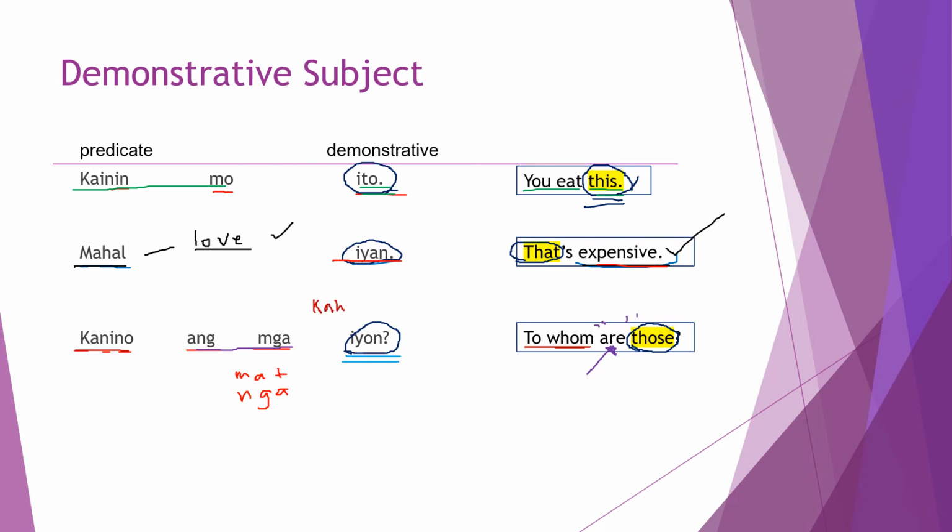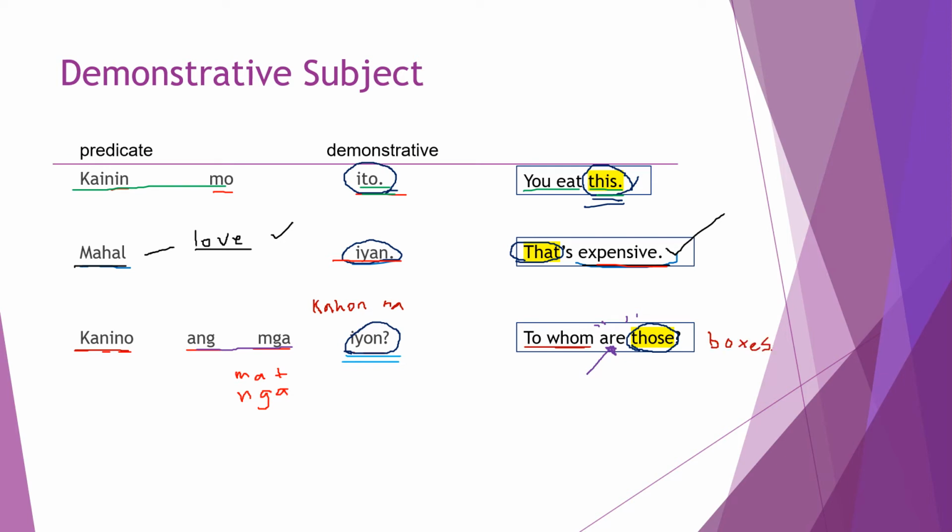Kahon means box in English. And na is just linking it, that's a box. So, if we say, kanino ang mga kahon na iyon? To whom are those boxes? That's the translation for that.